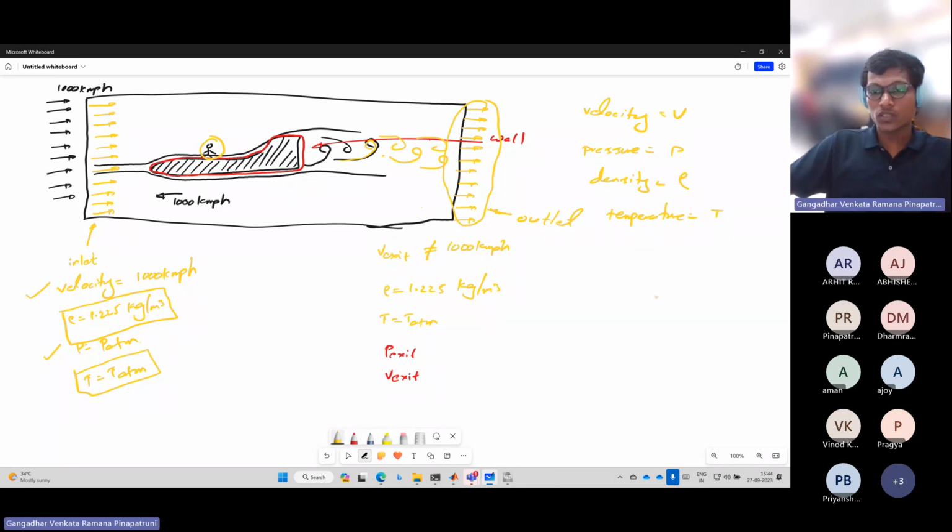If your object is very, very small like this, and your computational domain is such a way that, compared to my computational domain, my object is very, very small. This circle is the object, and this is my computational domain.